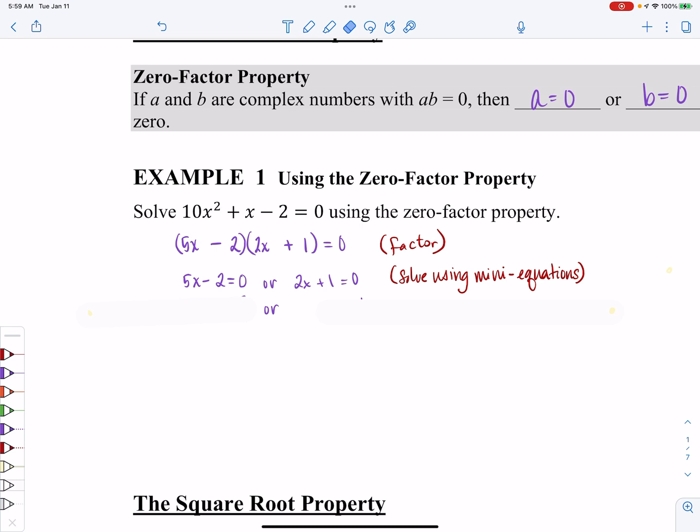And we can solve these two little mini equations. So we'll add 2 and divide by 5, and on the other one, we will subtract 1 and divide by 2. So our two solutions then are going to be x is equal to 2/5 or x is equal to negative 1/2. So that's solving by using the zero factor property.